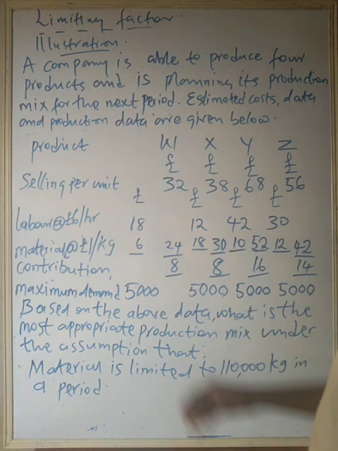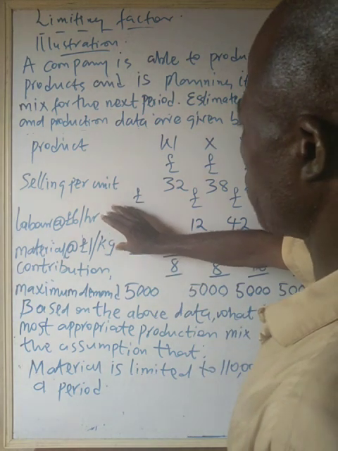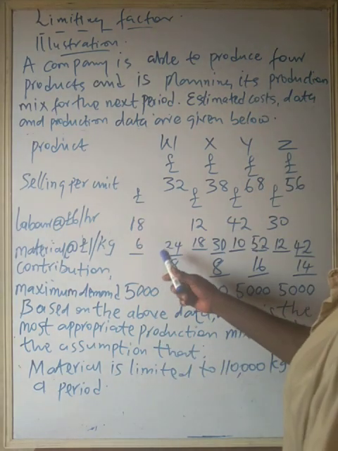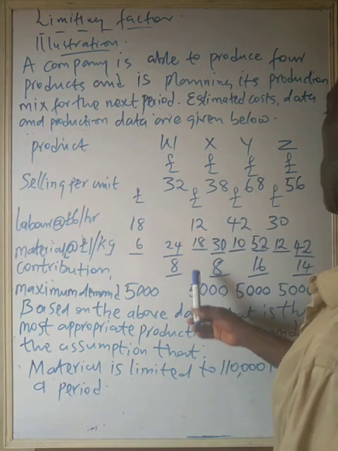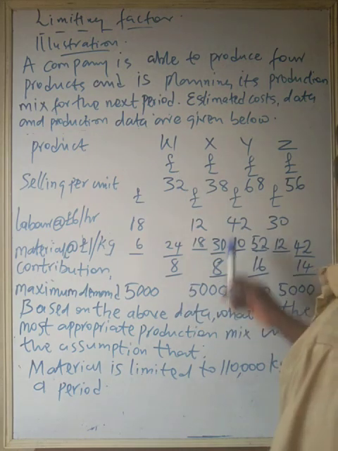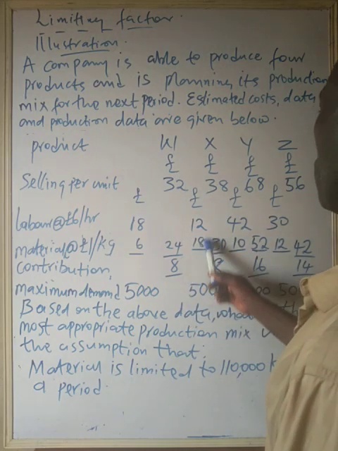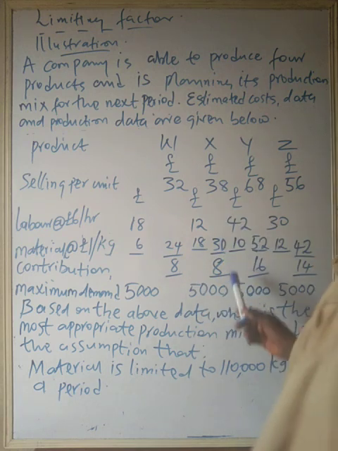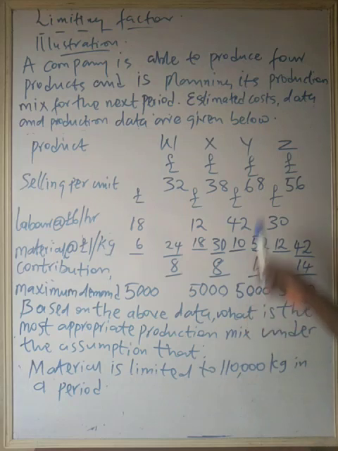As you can see, the addition of this is what we call marginal cost, that is the variable cost. So you add it together, deduct it from selling price, and you arrive at contribution. And for W, for Y and Z also.